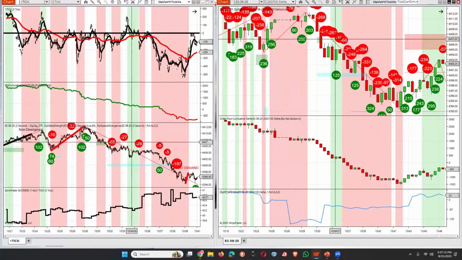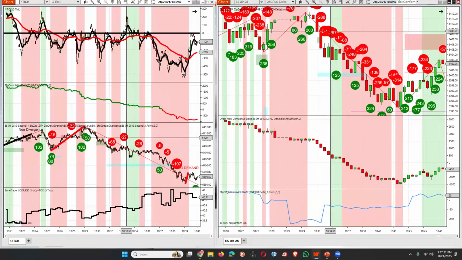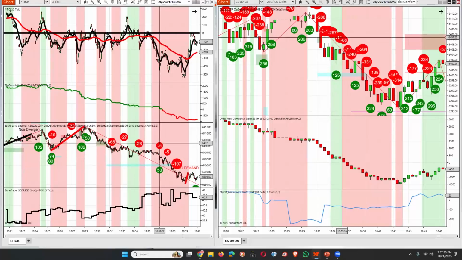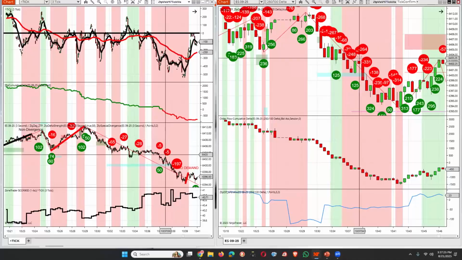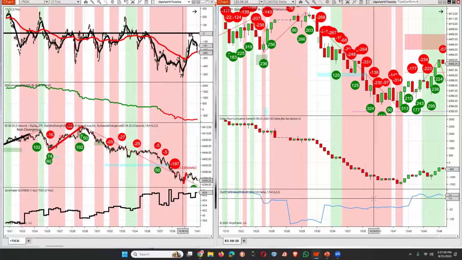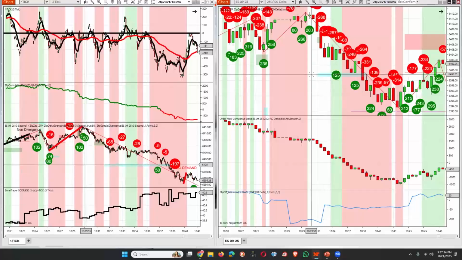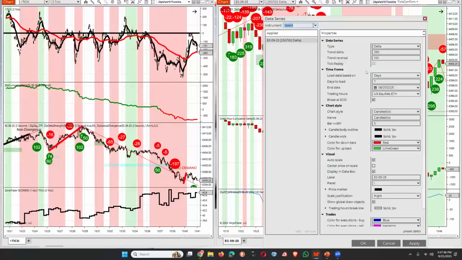So what that means, if you're a ZoneTraderPro customer just trying to learn about this, is that these delta strengths are only available in real time, along with the KP2 ratio down here. The option for the data series is grayed out.